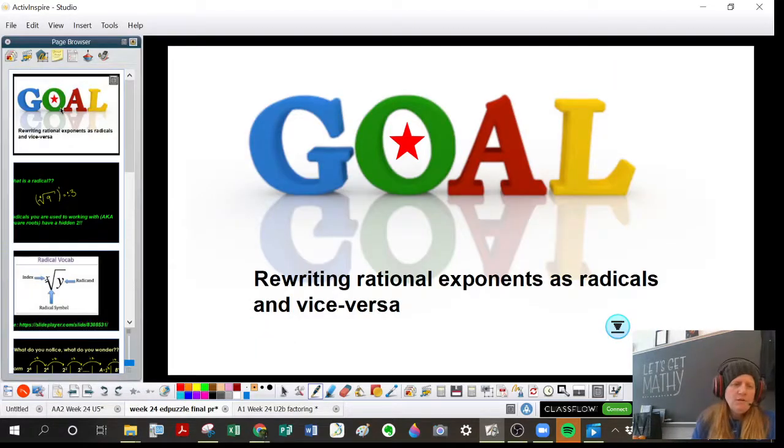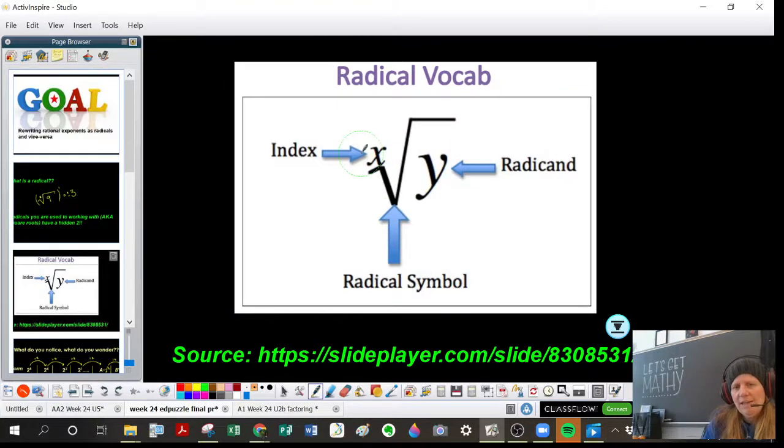So what I want you to reflect on as you're working on these problems is, can you rewrite a rational exponent as a radical? And again, some key vocabulary is that you have an index, which is the denominator, and then a power, which is the numerator in an exponential expression.